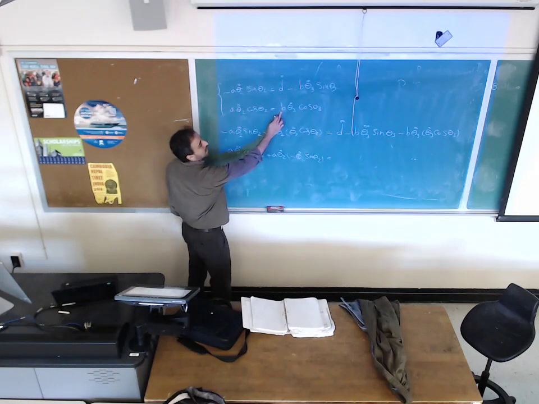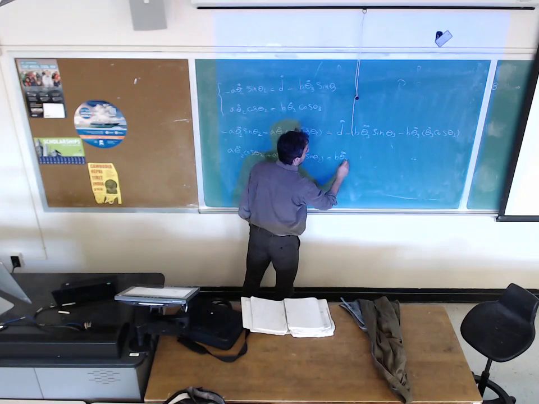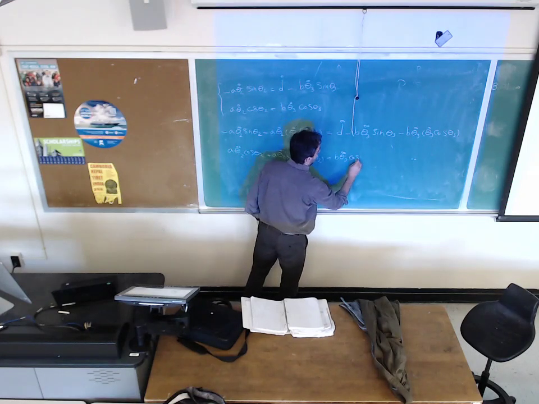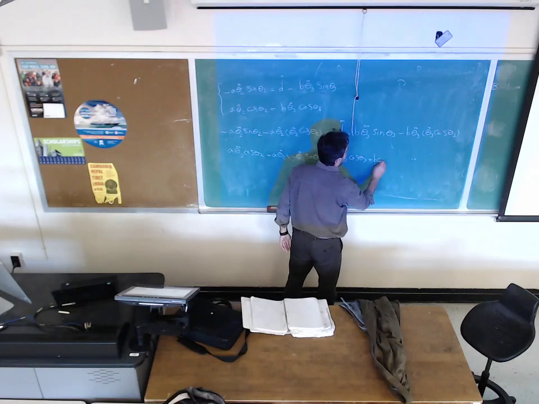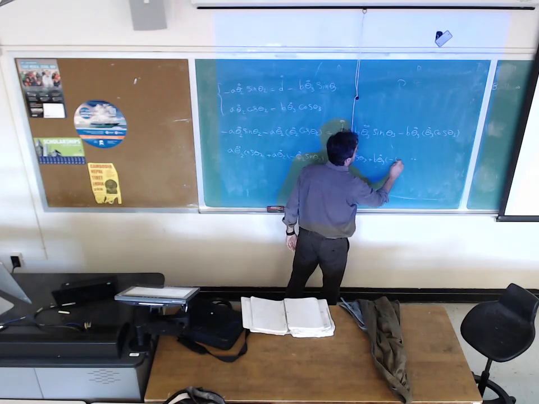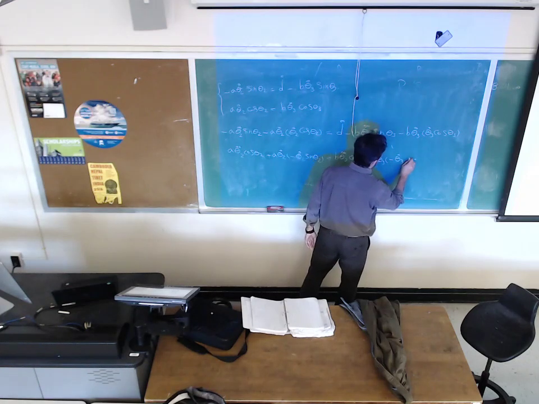Right hand side, B is constant, I should apply the derivative for this: B theta dot 3, negative theta dot 3 sine of theta 3.